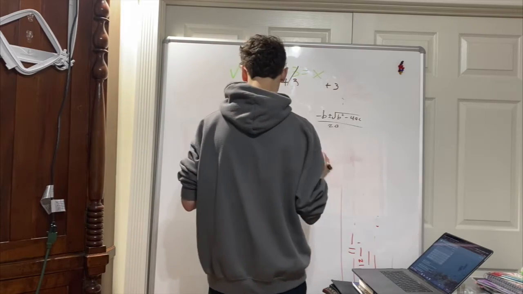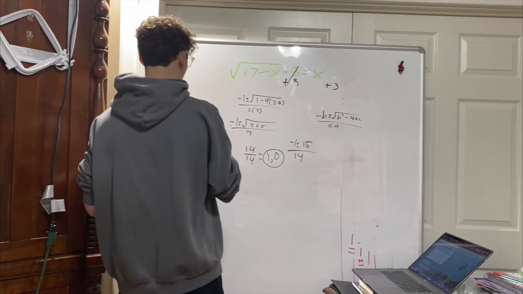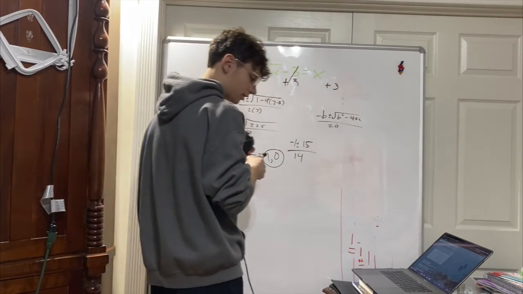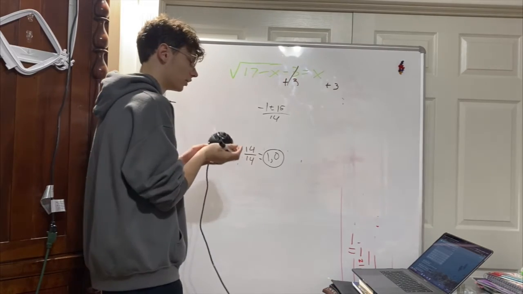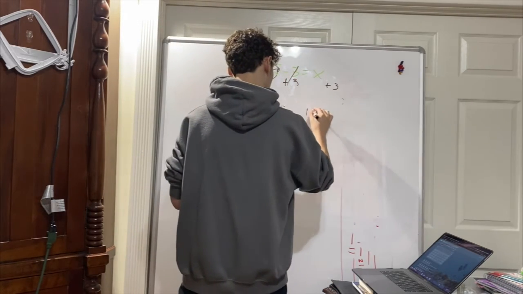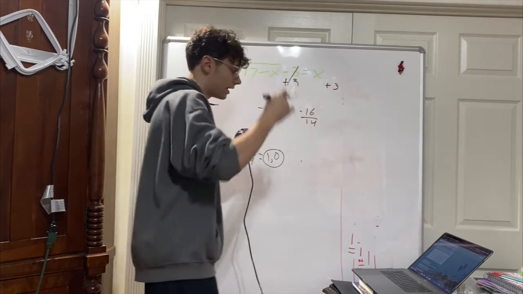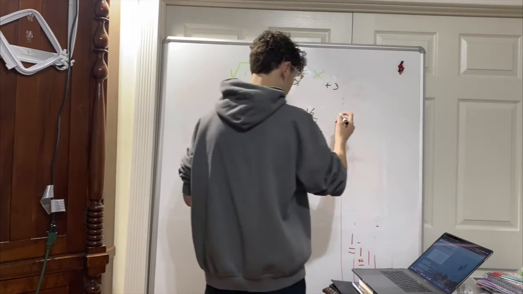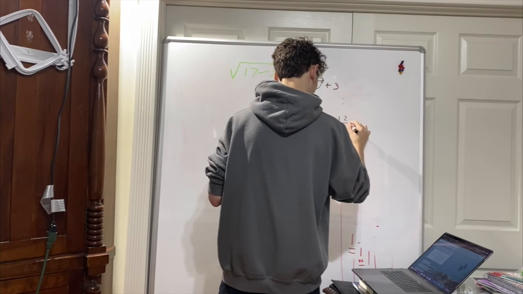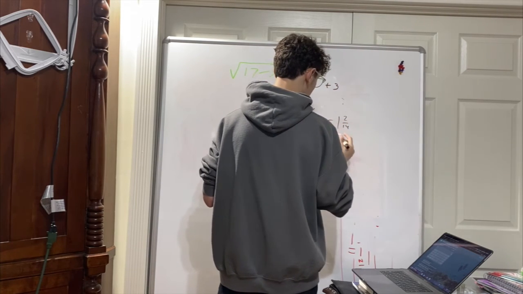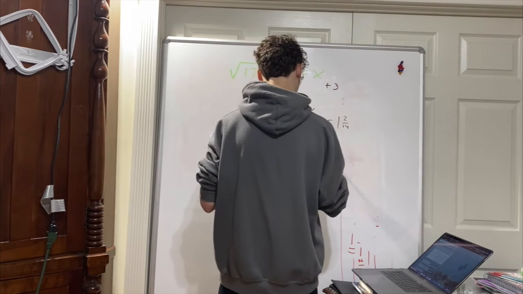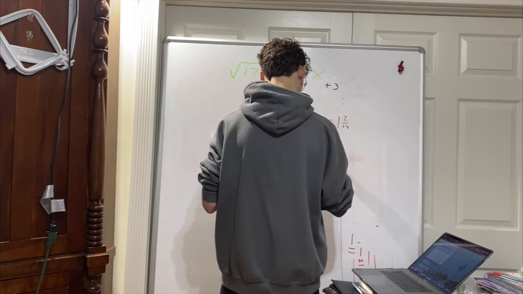Obviously, we know how to subtract negative numbers. That's going to equal negative 16 over 14. That reduces down to negative 1 and 2/14ths, which goes down to negative 1 and 1/7.